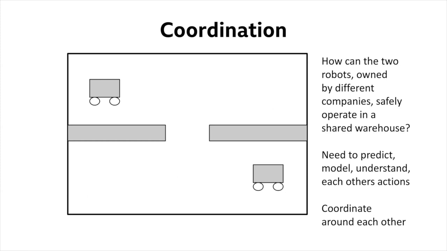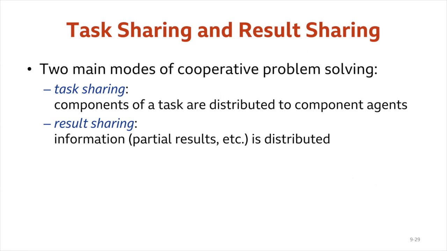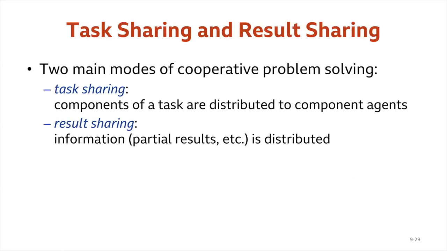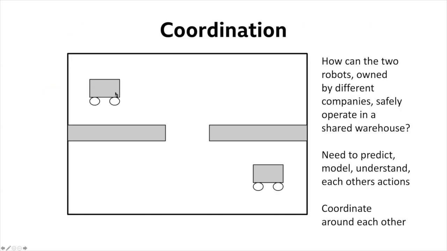But they can only do that if they take each other into account, if they predict, model, and understand each other's actions. And being able to do that is what's called coordination. Coordination requires being able to think about how the actions of one robot will interact with another robot.